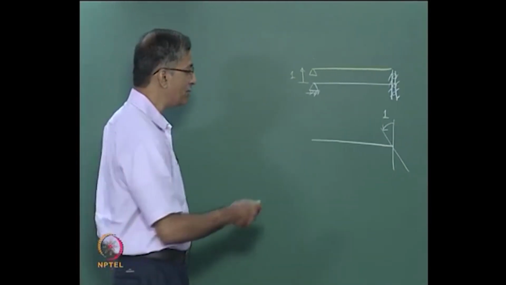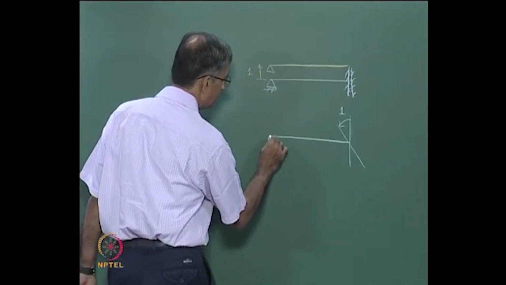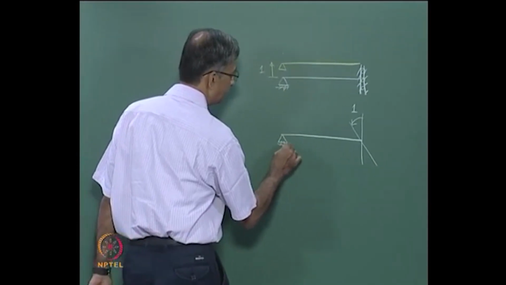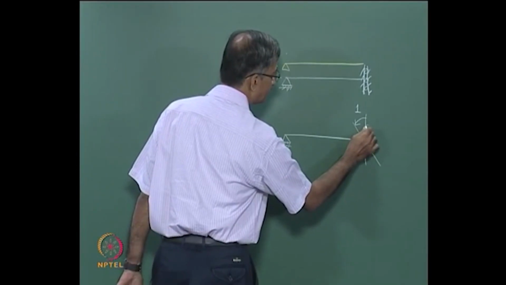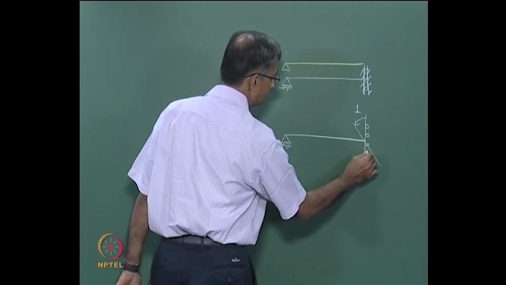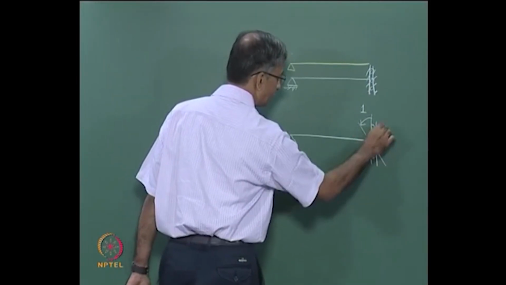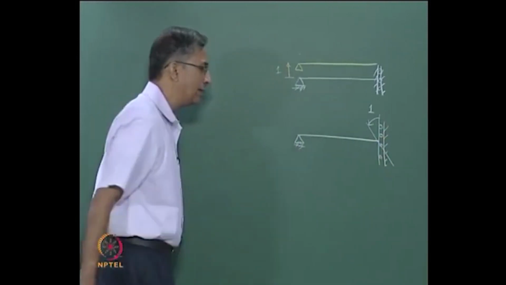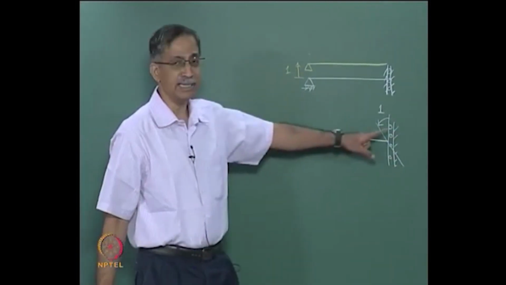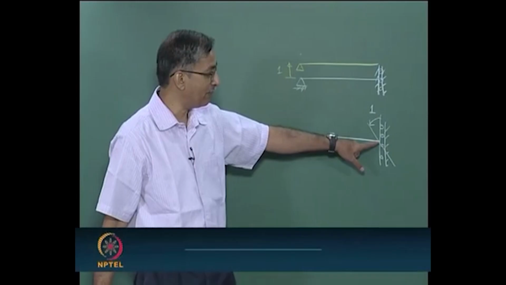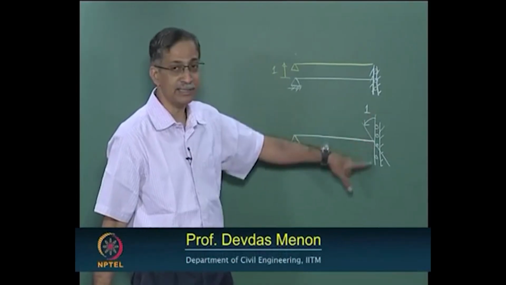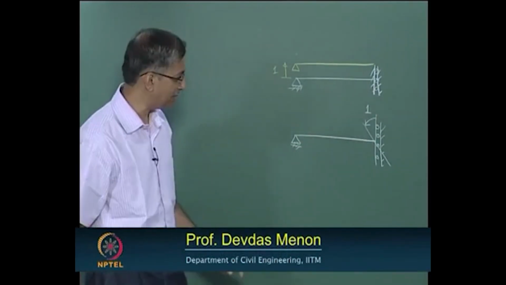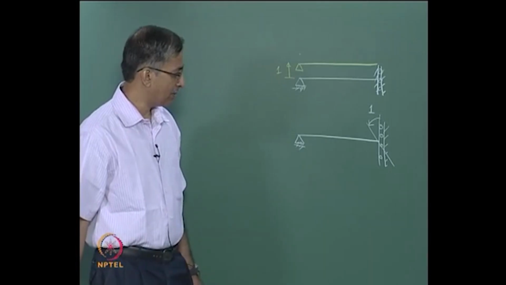We will take the same boundary conditions. And you must recognize that there is a possibility for the beam to deflect at this end because you have a guided roller support here.